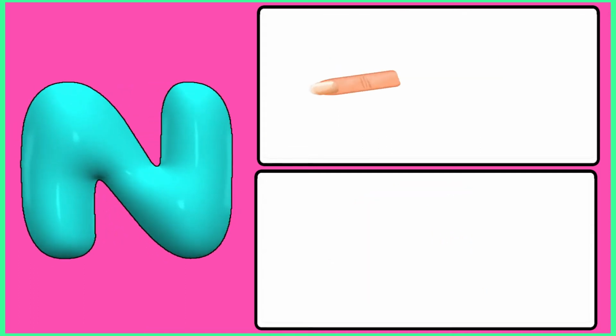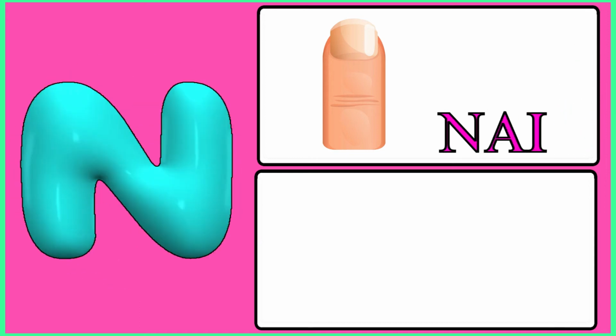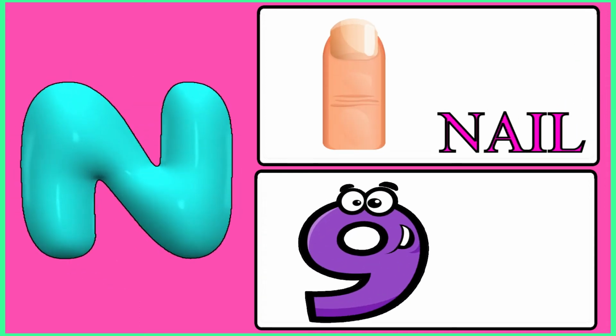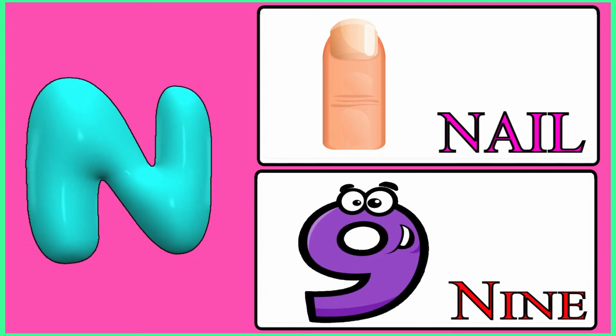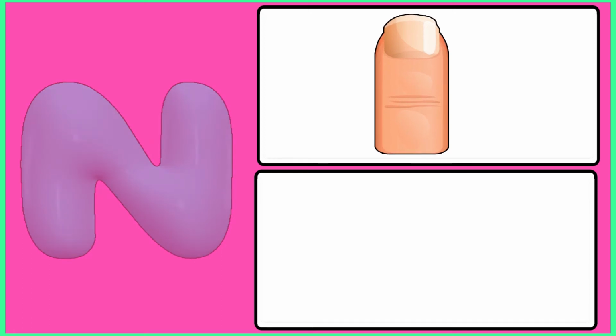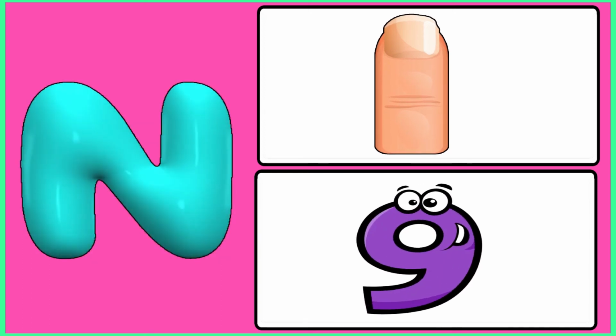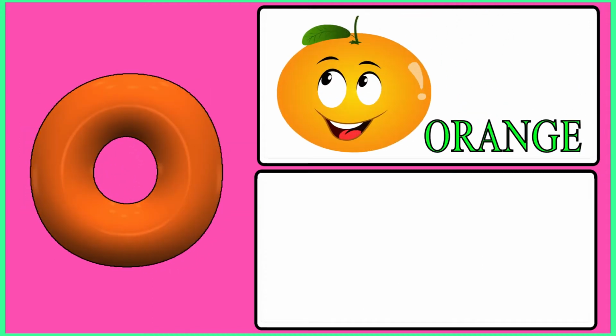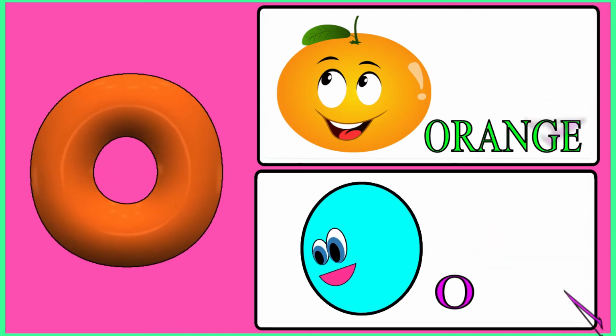N is for nail, nail. N is for nine, nine. O is for orange, orange. O is for oval, oval.